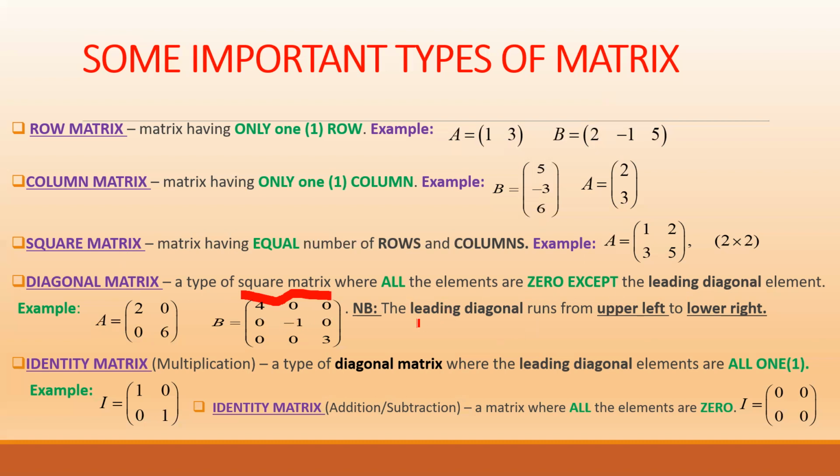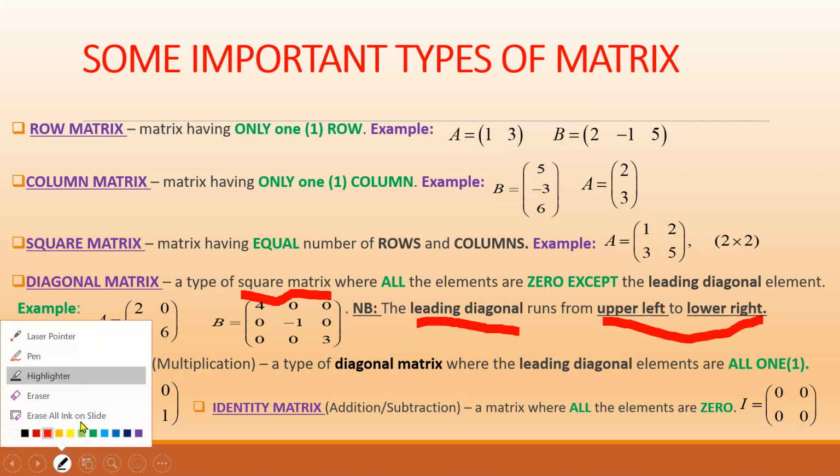The leading diagonal elements run from upper left to lower right. This is a key term you need to learn, leading diagonal elements. We're going to look at that again further on in the other parts of matrices. In a square matrix, the leading diagonal elements run from upper left to lower right. Okay, guys?